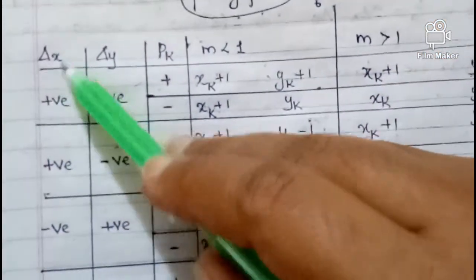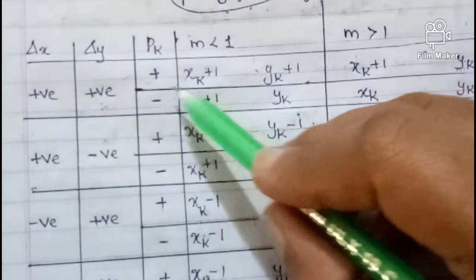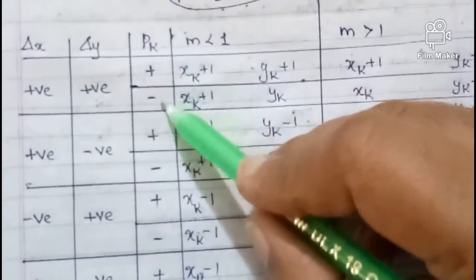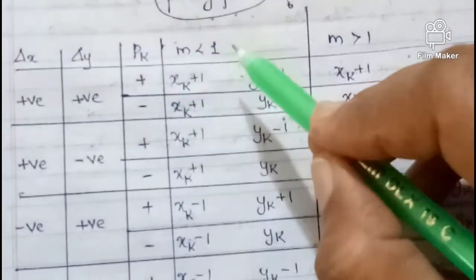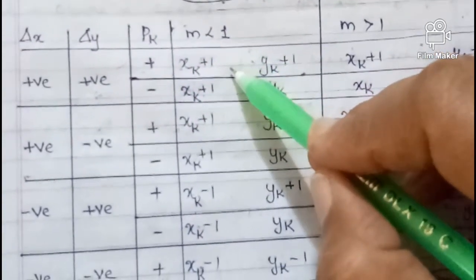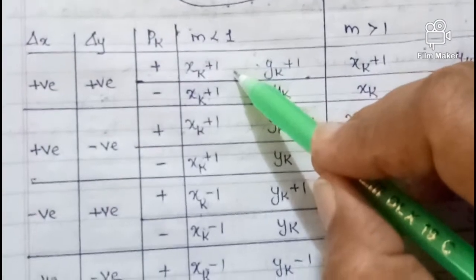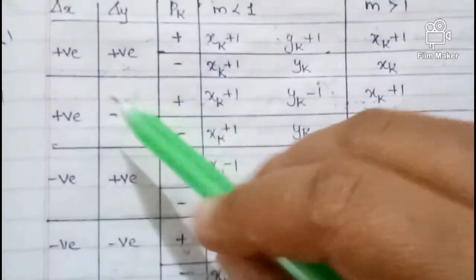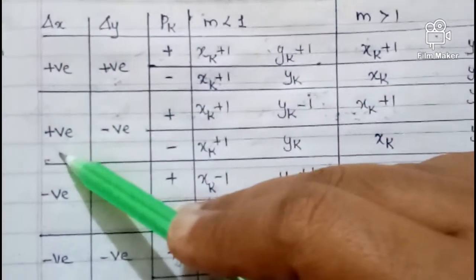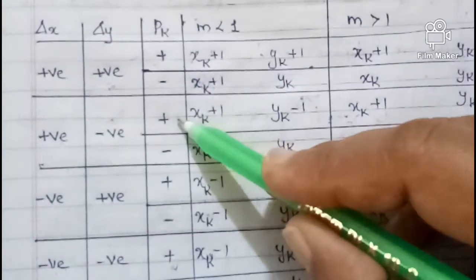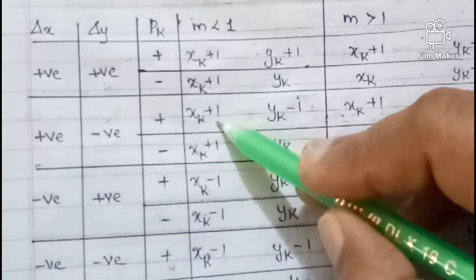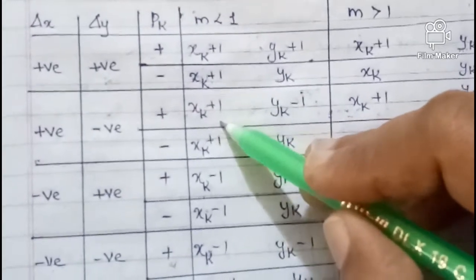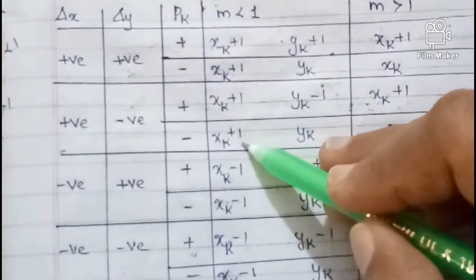Delta x positive means in both these cases, the value of x should increment by 1. What about this? Here also delta x is positive. So even if pk is positive or negative, the next value of x should be the current value of x plus 1. That means x will increment.